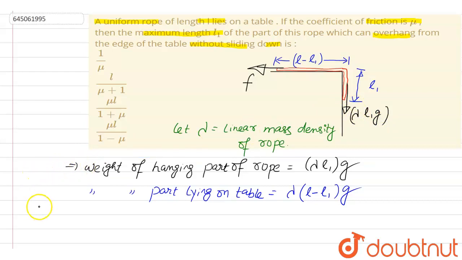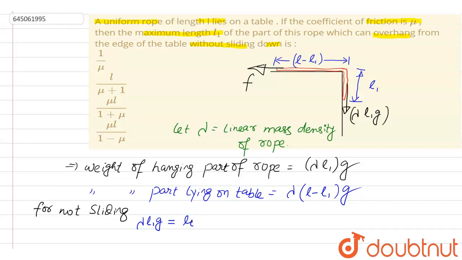So for not sliding, the weight of the hanging part and the friction acting between the table and the part of the rope lying on the table should be equal. So lambda L1 g should be equal to the friction, which is the friction coefficient times the normal reaction.